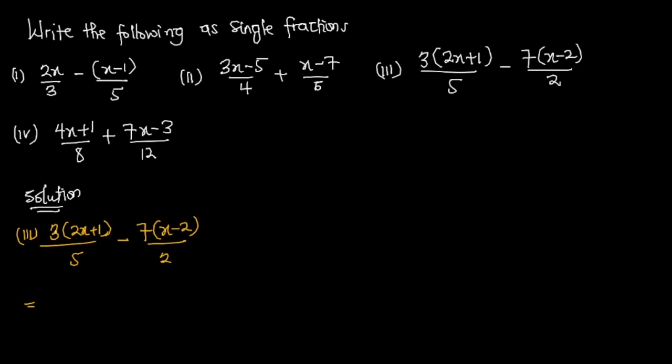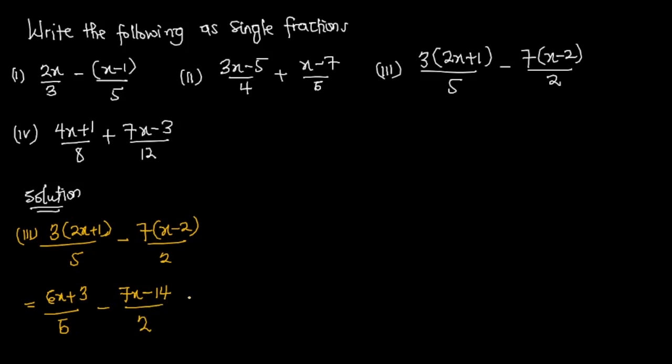So I'll do that. 3 multiplied by 2x will give me 6x, plus 3 multiplied by 1 will give me 3, then divided by 5, minus 7 multiplied by x will give me 7x, 7 multiplied by negative 2 will give me minus 14 on 2.